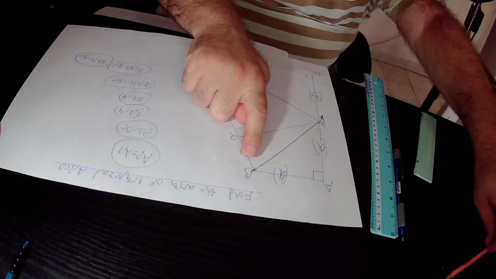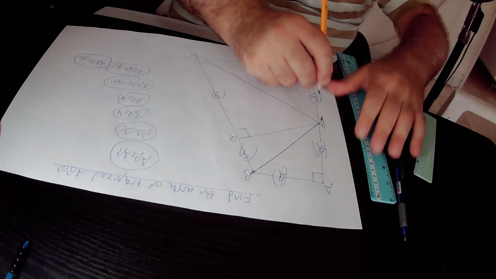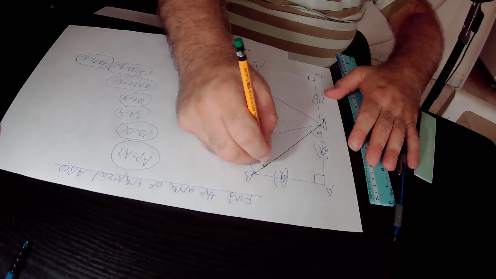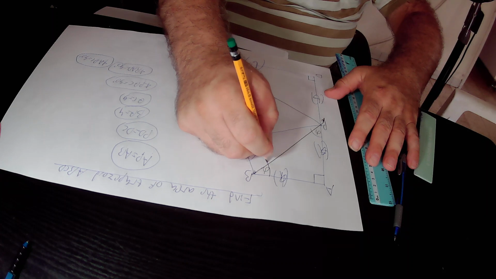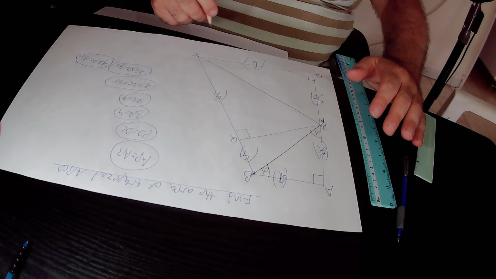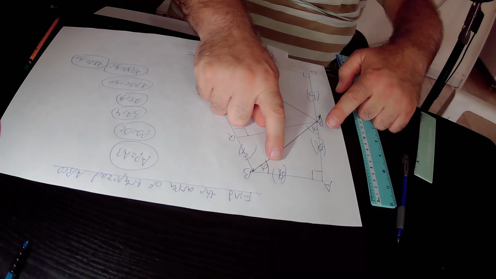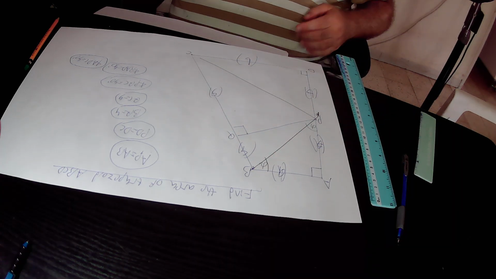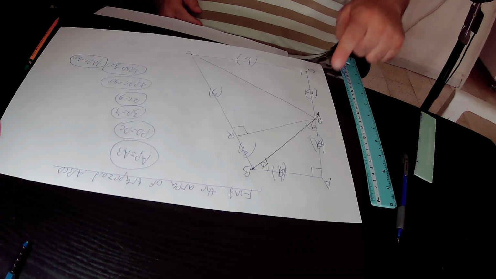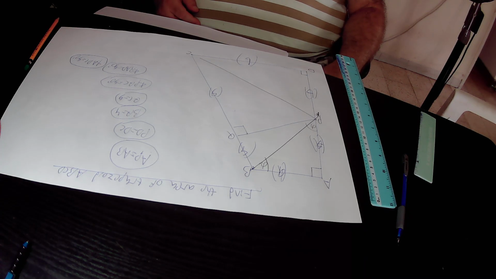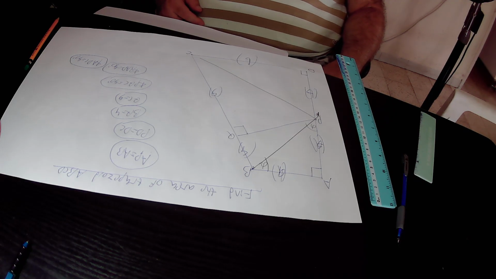So if we define the size of this angle as alpha, then the size of this angle must also be equal to alpha because they are located in front of those two equal sides. And we also know that the sum of the angles in any triangle is equal to 180 degrees.